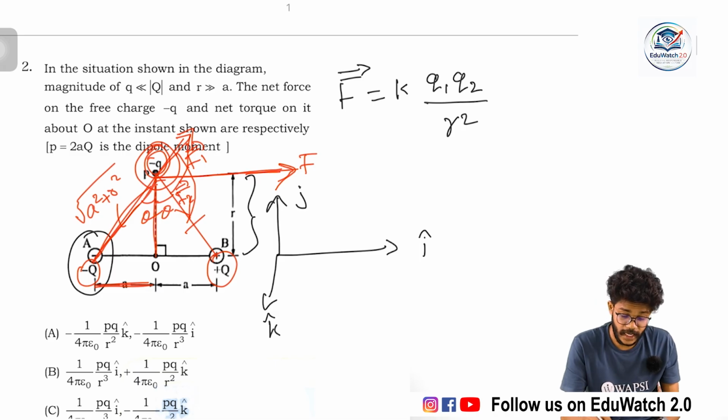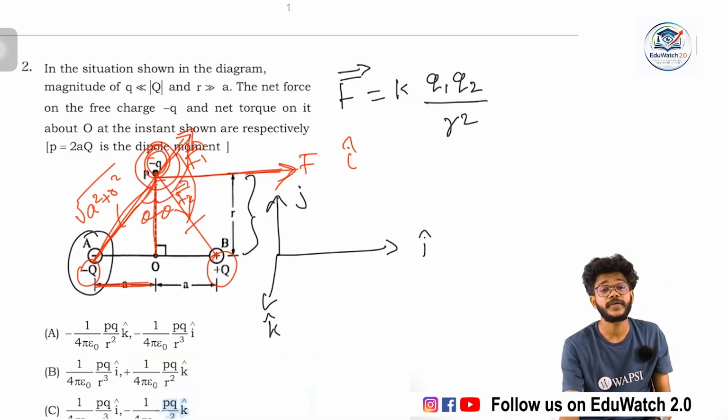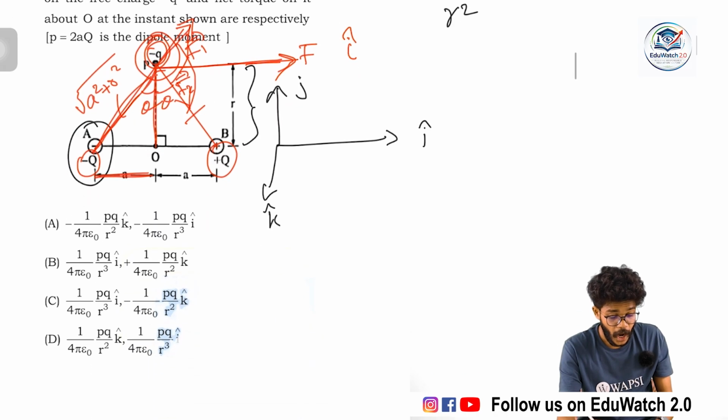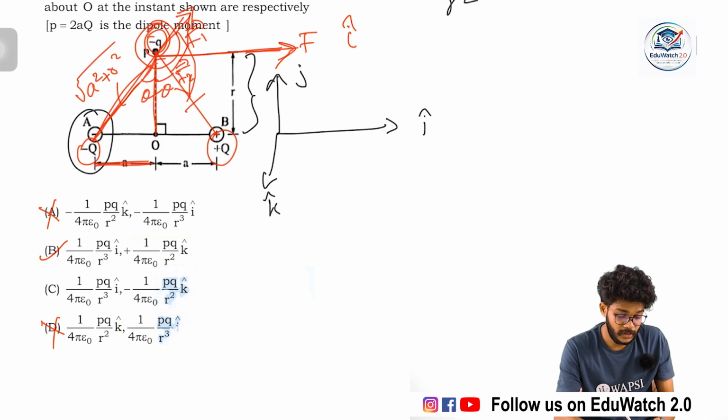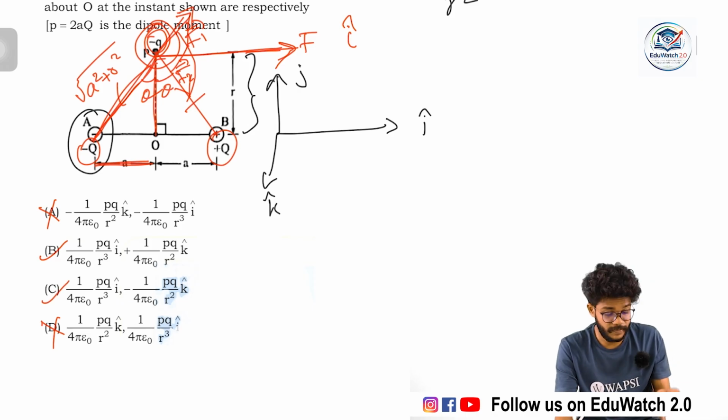So the force is along the positive I direction. Option A is negative K direction, and option D is positive K direction, so both are incorrect. Option B and C have the force in the positive I direction, so there's a chance for correctness in B and C.